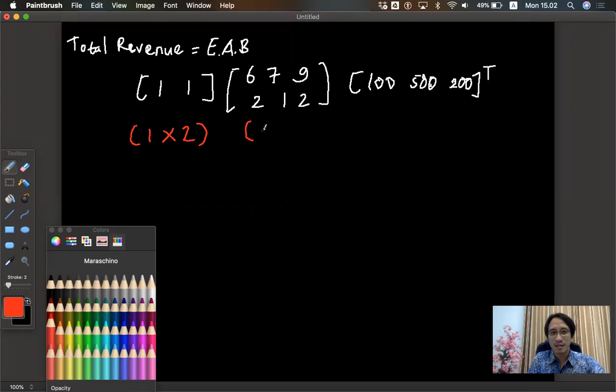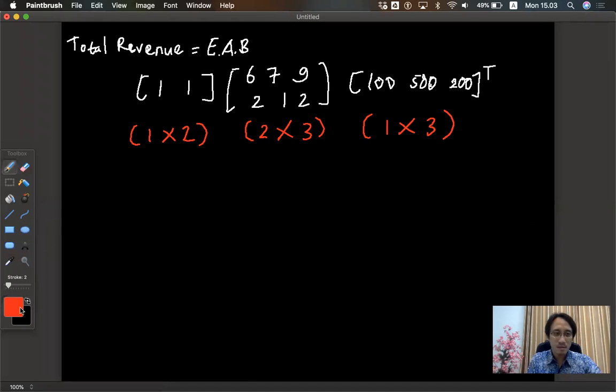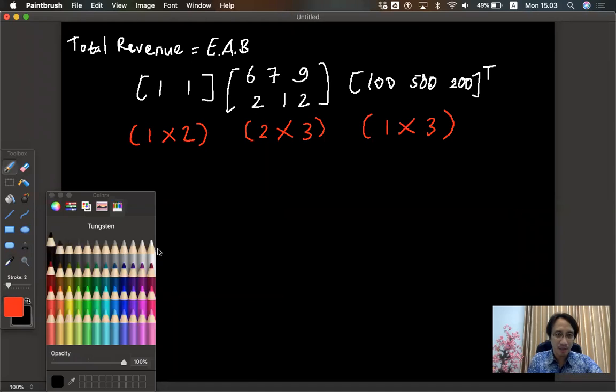This one is 2 times 3 order of matrix, and this one is 1 times 3. Can you follow how we describe the order of this matrix?